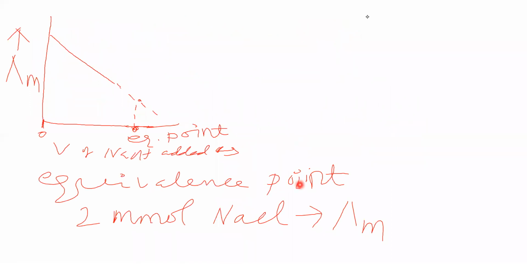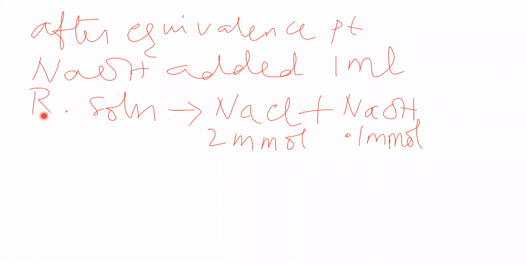For the equivalence point, you find the lambda m. How do you feel about lambda m? Do you feel that lambda m at the equivalence point and after the equivalence point will be the same or different?